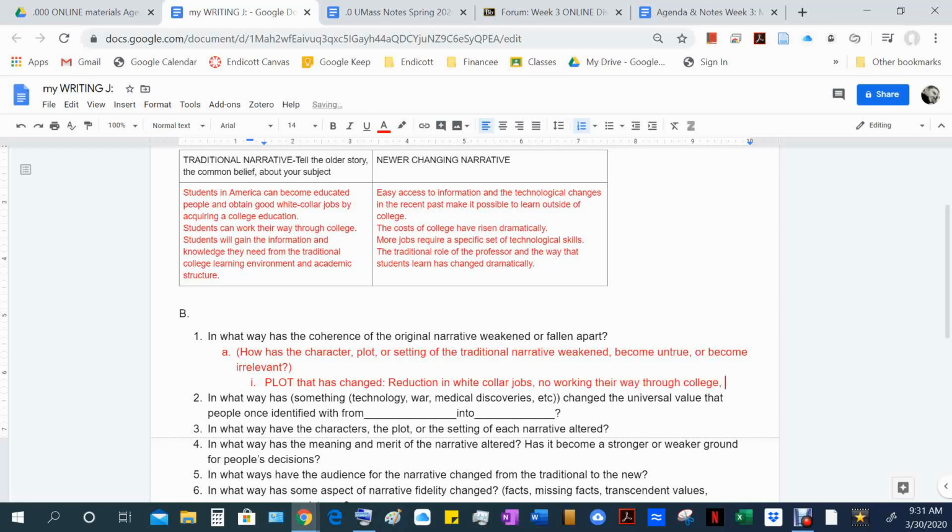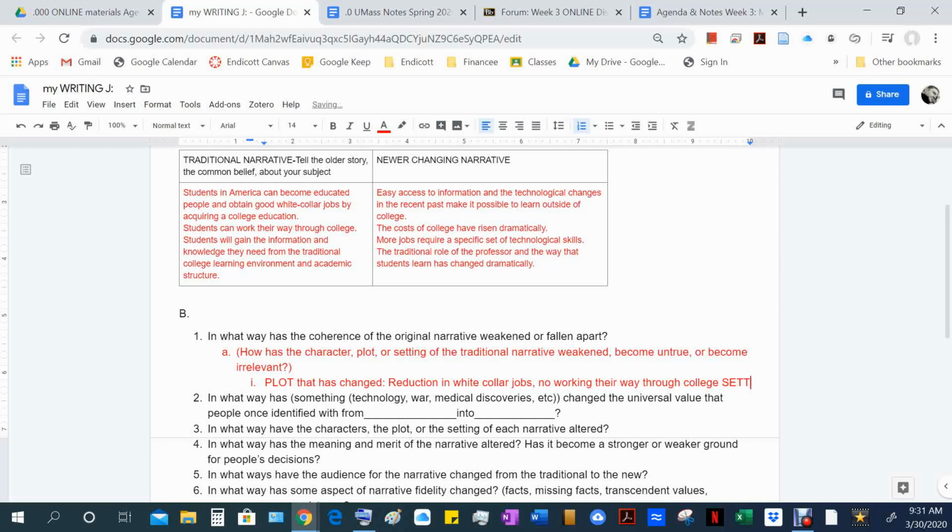Another part of plot that has changed, the idea that you can work your way through college, and then they need the traditional college. So this would be now the setting, right? The old narrative setting was you have to go to a classroom where a professor lectures, and you take notes and you read the textbook and then you do the things, right? So that was the setting for the old story, the college classroom.